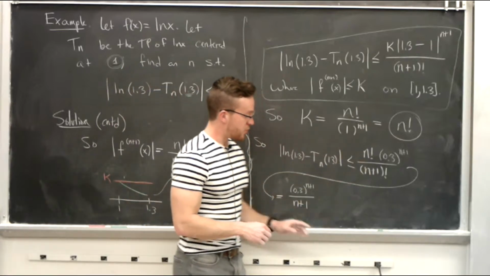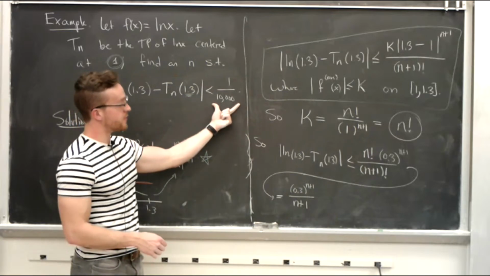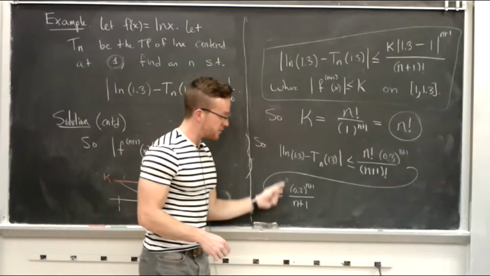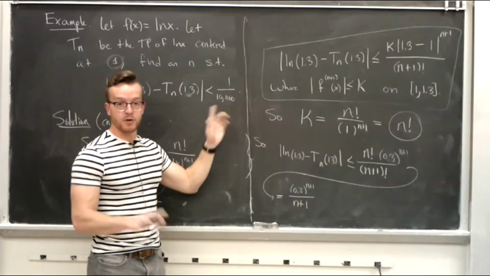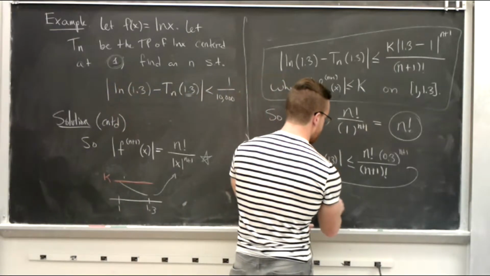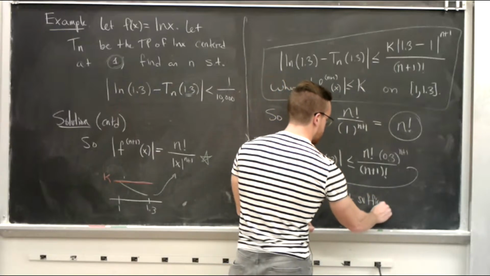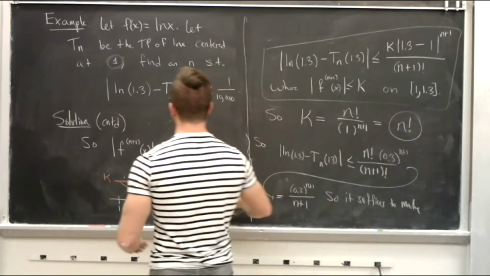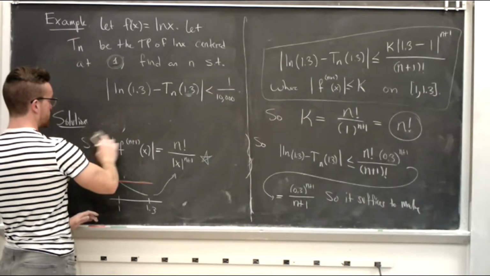And what this shows is that in order to make this smaller than this, what we want to do is make this smaller than this. If we can do that, we win. So let me write that down.